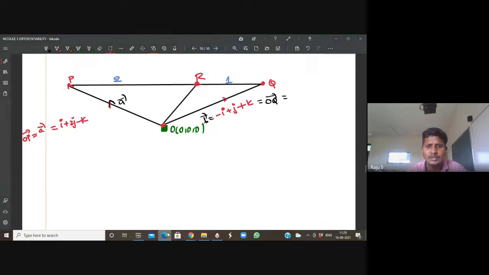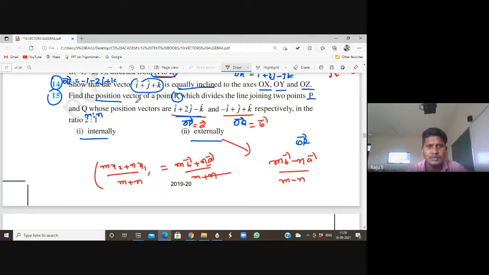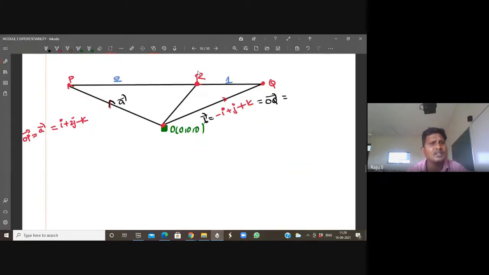Look here: find the position vector of the point R which divides the line segment joining two points, whose position vectors are given, in the ratio 2 is to 1. Everything I have taken. Now we have to find this vector OR. Let us take this as C vector, C vector equal to OR vector.